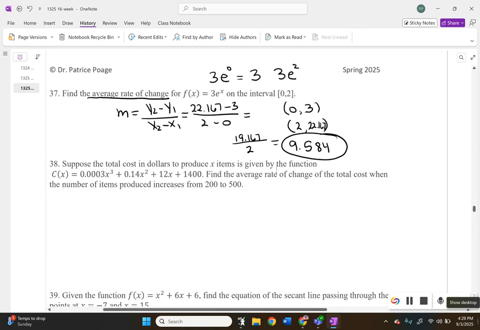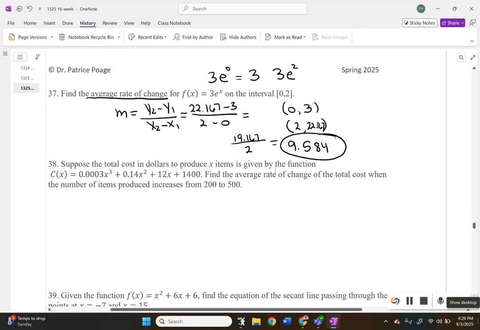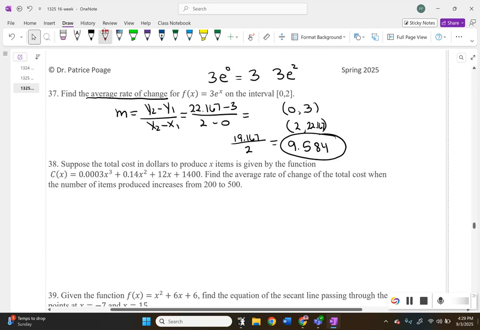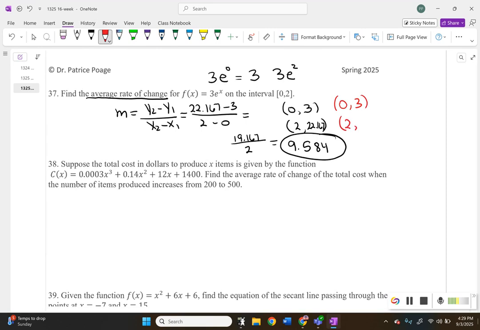If for some reason it wants it as a perfect number, then our points here, we could just leave them in terms of e. So this one is still going to be 0, 3. But if we left this one in terms of e, it'd be 2, and instead of making it 22.167, we would just leave it 3e squared.